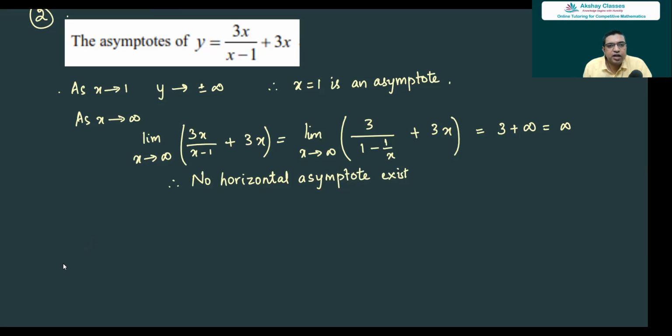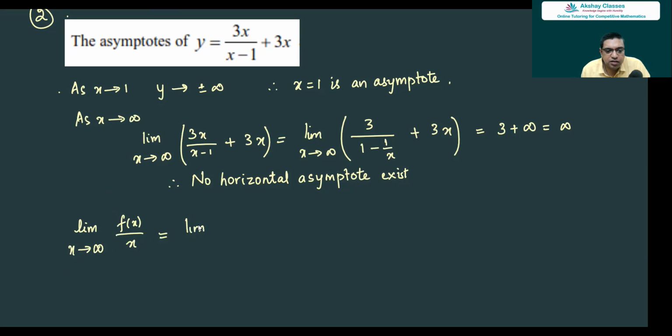Next, now look at the inclined asymptote. For an inclined asymptote, what do we have to do? Limit x tends to infinity, f of x upon x.